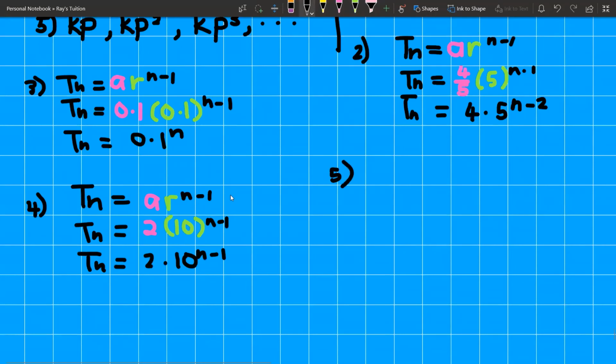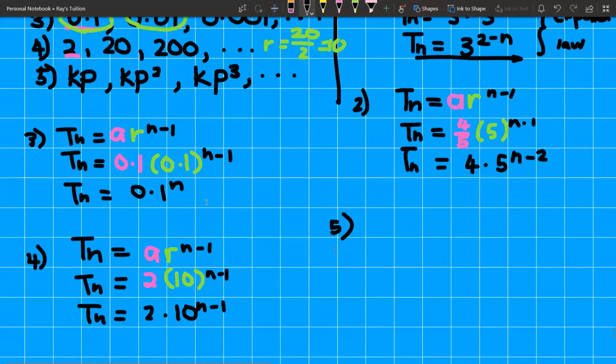Now, number 5. People always get intimidated when they find letters in a sequence. The way we approach it is exactly the same. It's a geometric sequence. We start with the geometric general formula, which is Tn equals A R to the power of n minus 1. We're going to put in the first term A. What is A? It's our first term, so it's Kp.